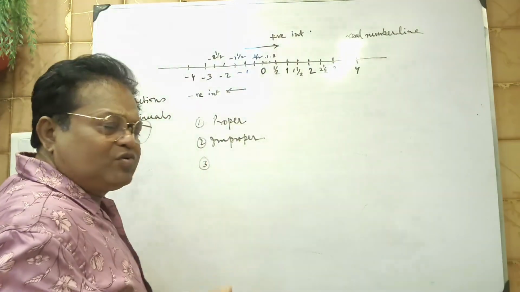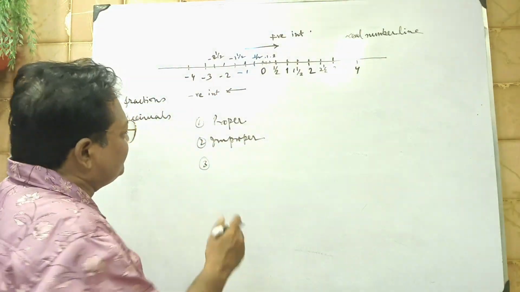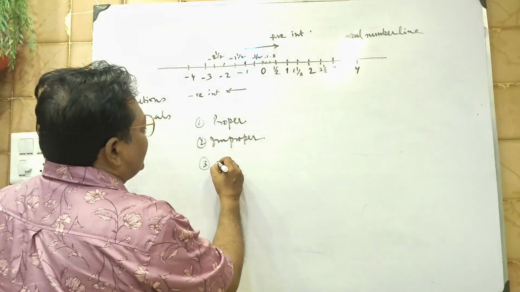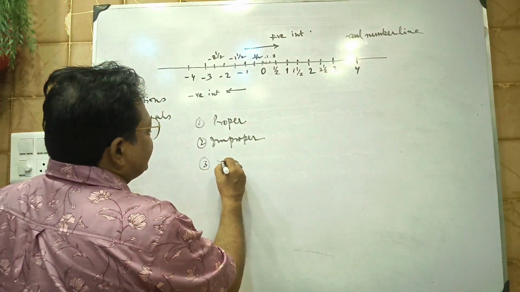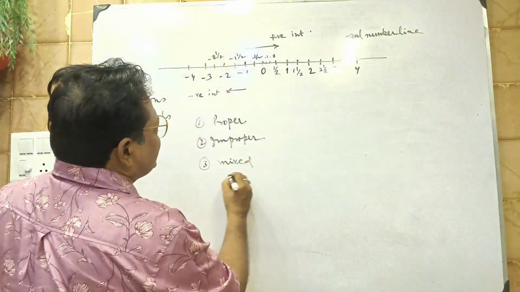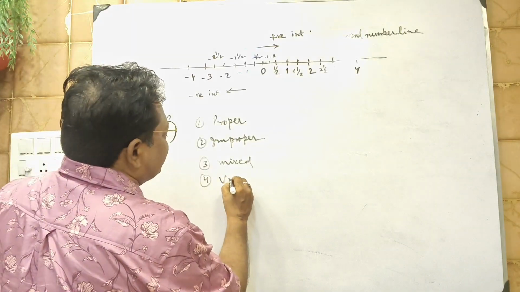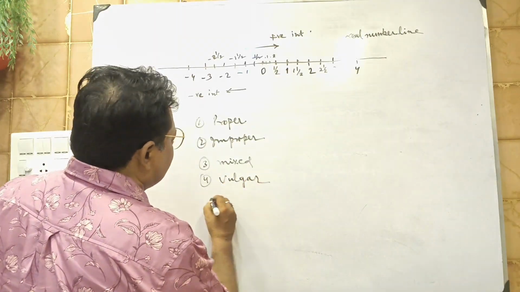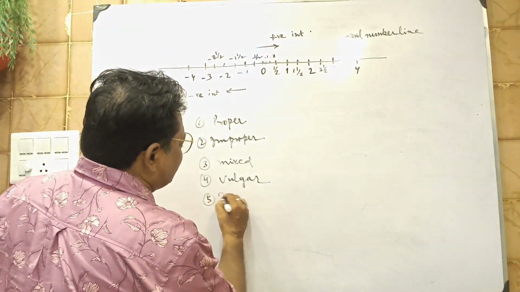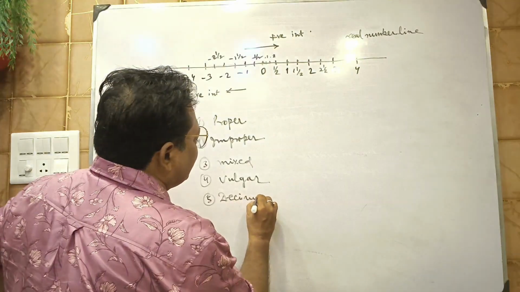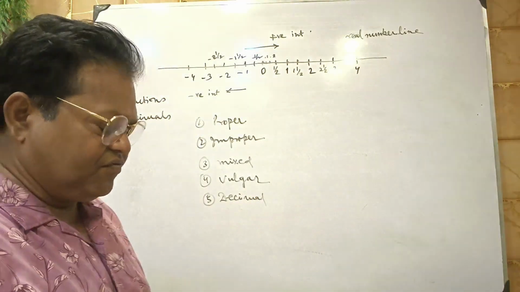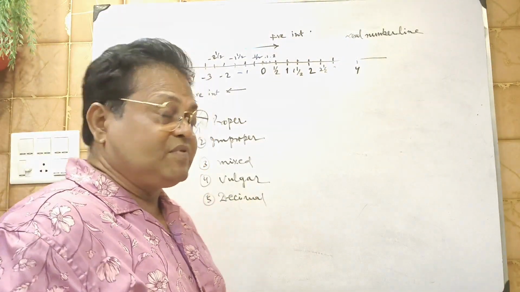I have to recapitulate all these things. You know it very well. Proper, improper, mixed fraction, number two vulgar fraction, number five decimal fractions. I want to give you the full knowledge in detail, in depth.